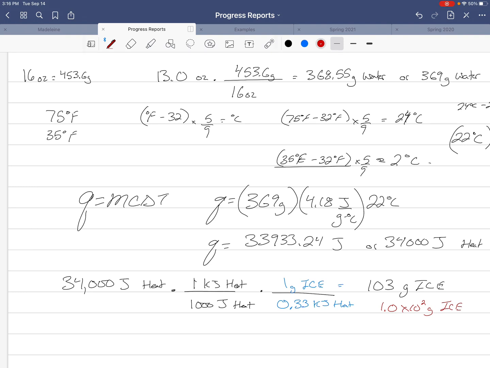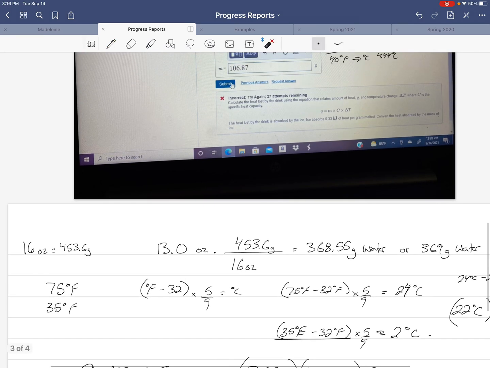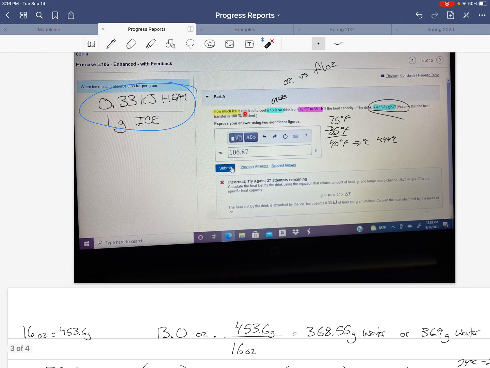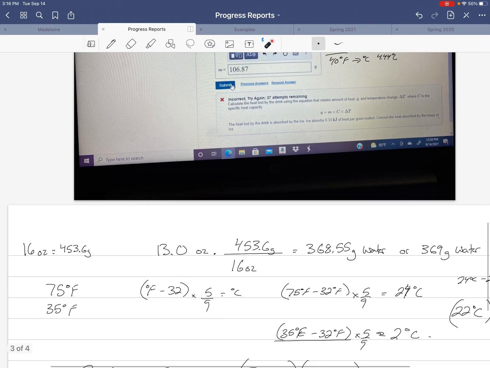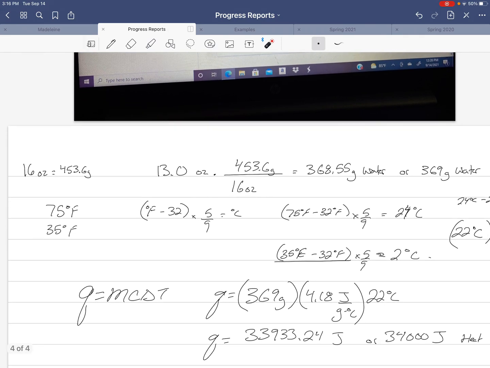So let's recap this really quick. The question is how much ice? That's the mass, not the volume. That's a big key. We have delta T in Fahrenheit, so we have to make it all Celsius, and that's the specific heat. There's my conversion, ounces to grams. I take my 13 ounces, 16 ounces is 453.6 grams.